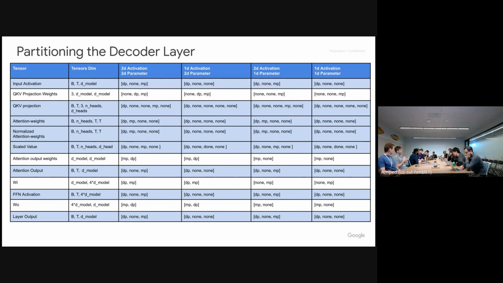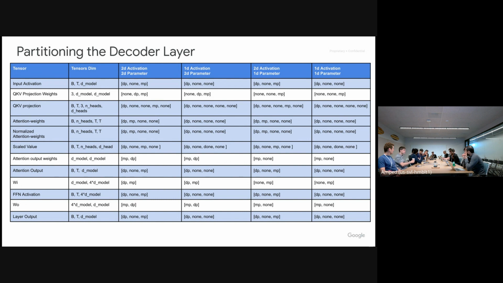Which means that the core feature of XLA SPMD is that you actually don't have to define all of this. You can define a handful of annotations at the beginning of the attention block, and the rest can be inferred by the XLA compiler. However, knowing what it should be is helpful to debug, because if you don't know what it should be, then you're looking at a trace and you have no idea: is it optimal? Have I optimized? Am I doing what is the state of the art?